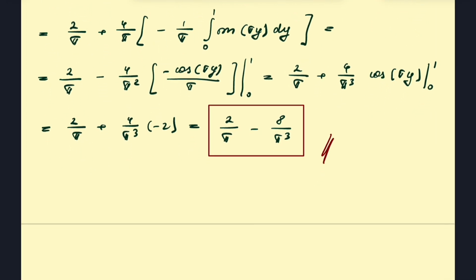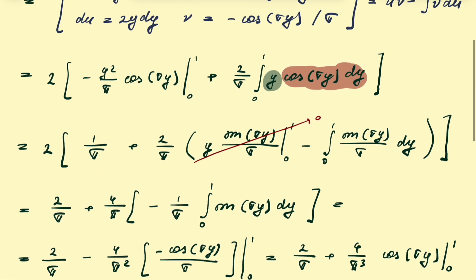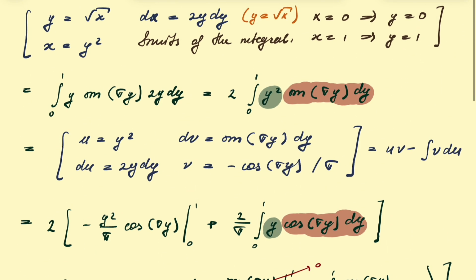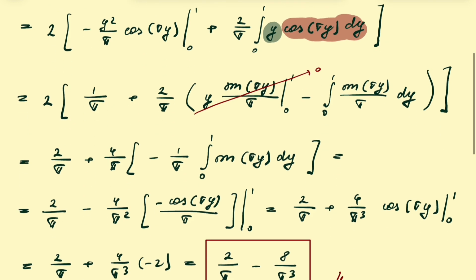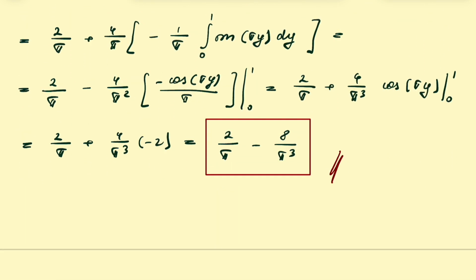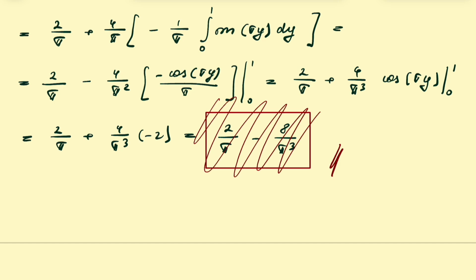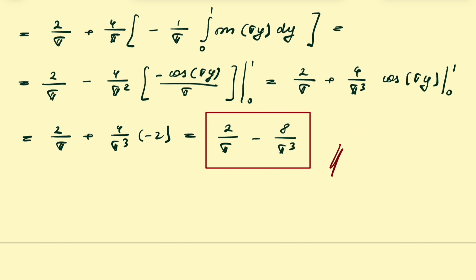I hope you got the idea of the internal logic of these integrals, and it's not like you just remember some rules or whatever. In the end, we have a nice answer. We didn't use our back substitution because it was a definite integral.